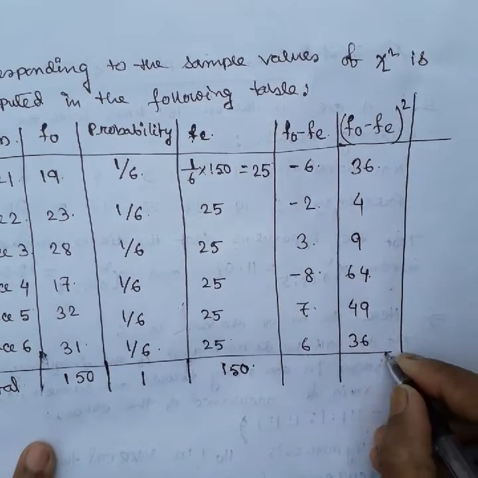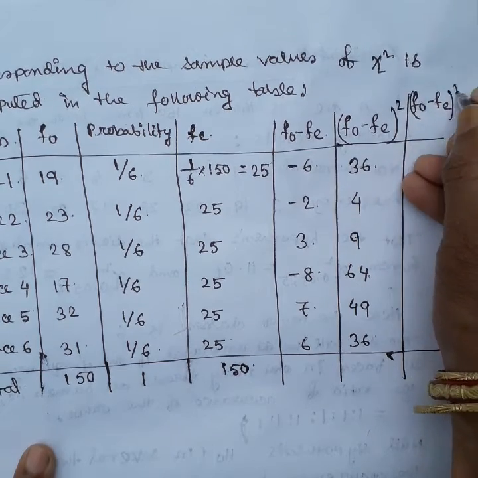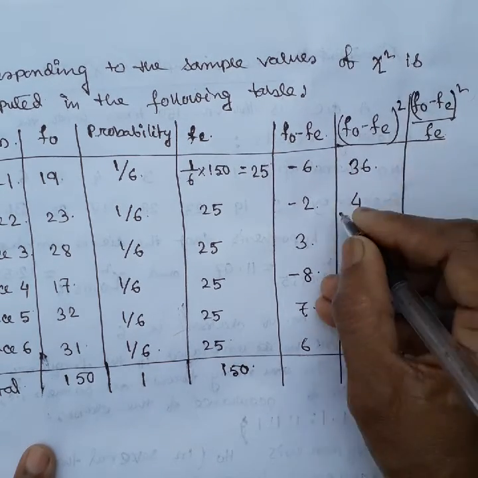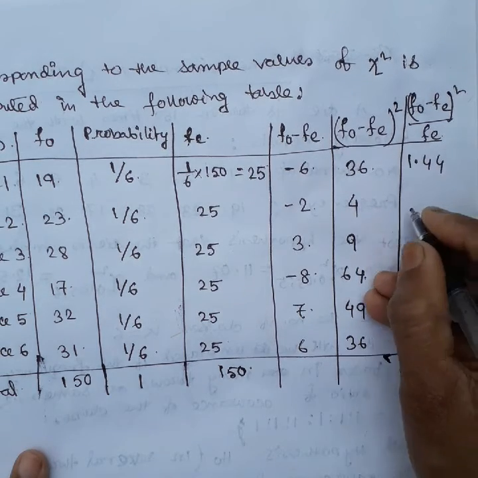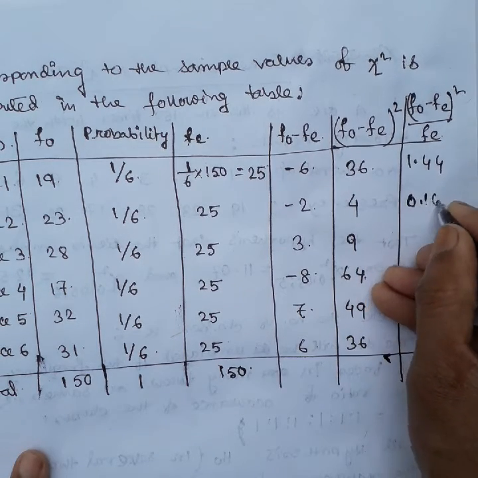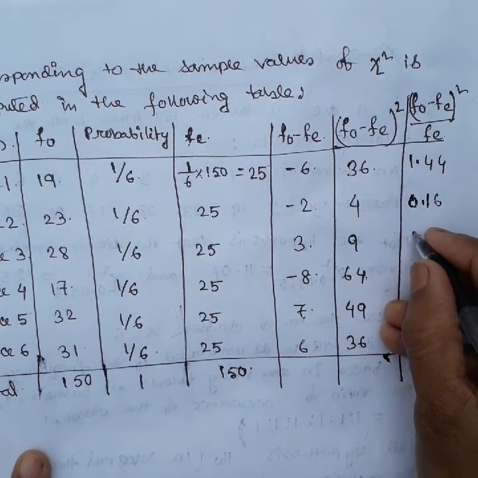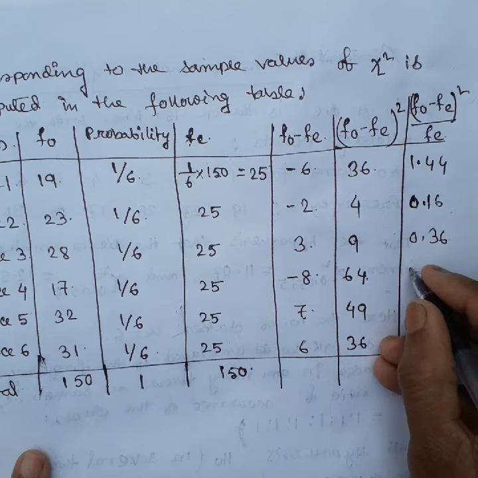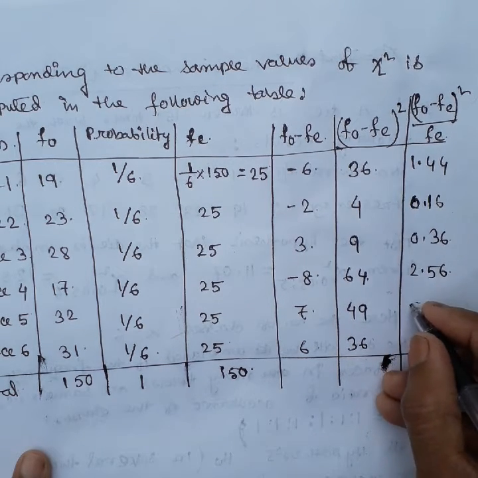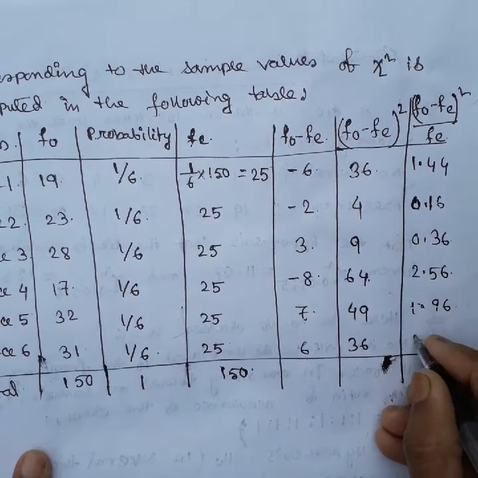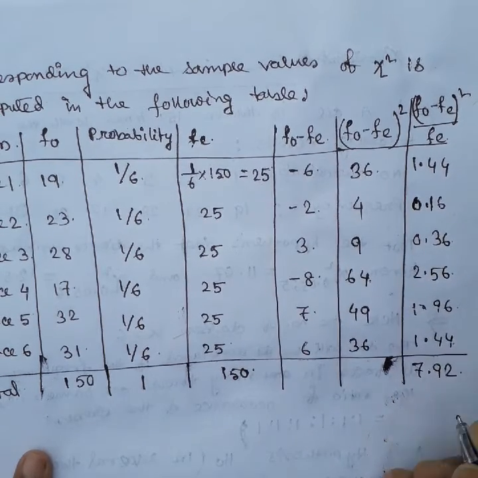And finally we find (FO minus FE) whole square by FE: 1.44, 0.16, 0.36, 2.56, 1.96, 1.44, and the total value is 7.92.